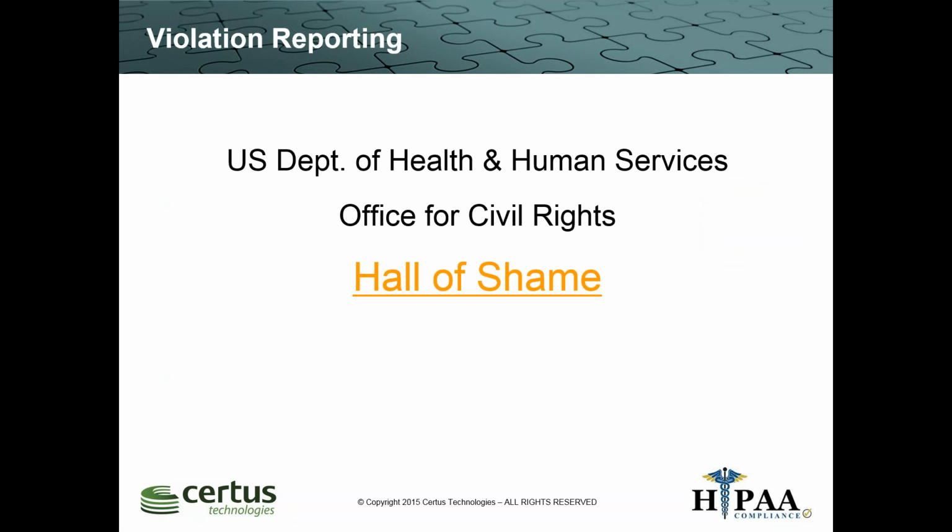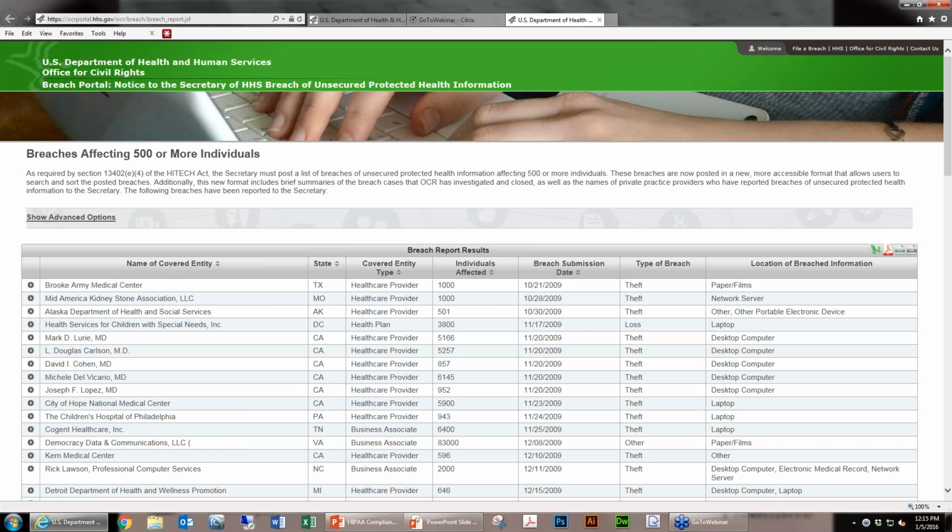So let's talk about the Office of Civil Rights. I mentioned that they're being very aggressive. I'm going to go ahead and click here on what's called the Hall of Shame. I don't know if any of you have ever spent any time and taken a look at what this looks like, but this is the OCR's Hall of Shame website.